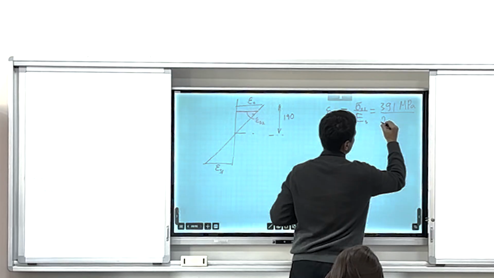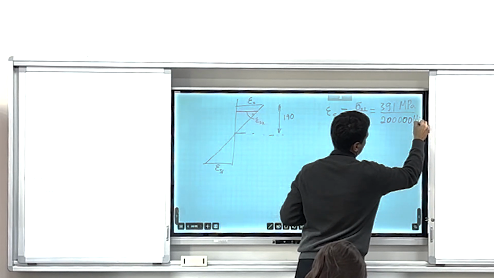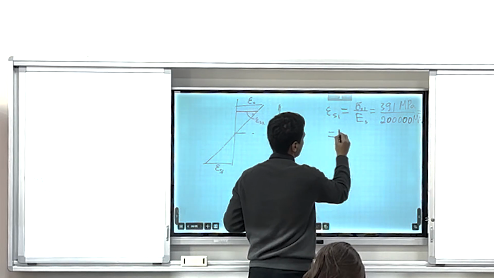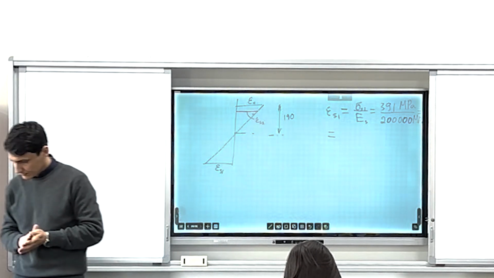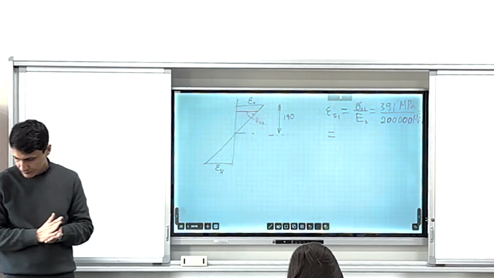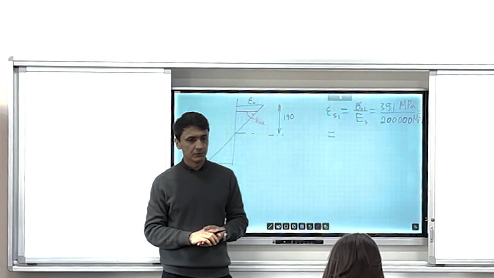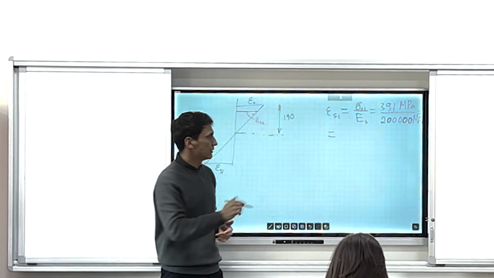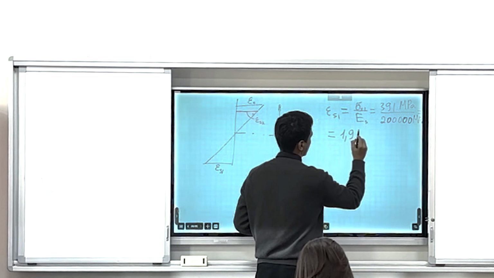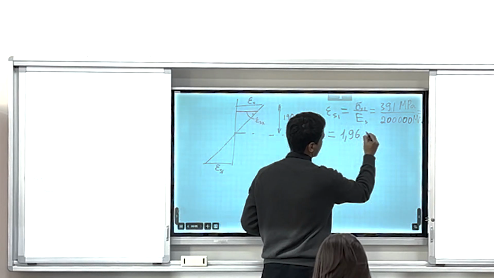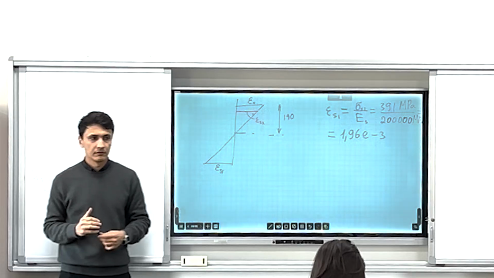Then we divide it by 200,000 megapascal. So epsilon S1 will be 1.95 times 10 to the power minus 3. Okay, let me write 1.96 E minus 3. This is the strain.